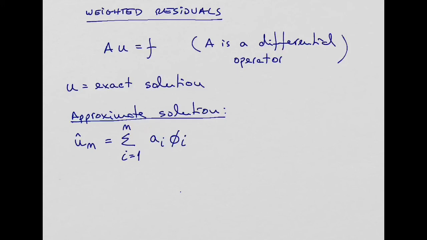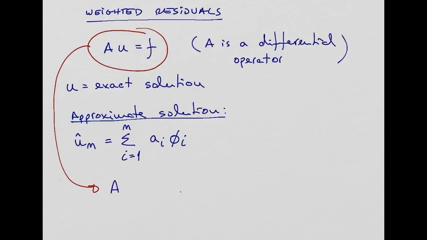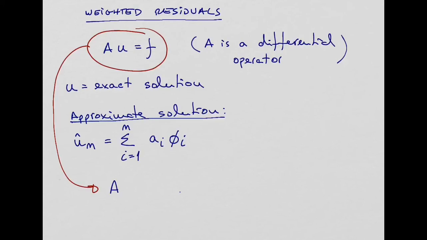The thing is, how do I get this ai? So what I'm going to do now, look at this. I'm going to go back to my differential equation, and I'm going to rearrange this equation in this form. I'm going to send everything that is non-zero to the left-hand side, and the right-hand side needs to be equal to 0.